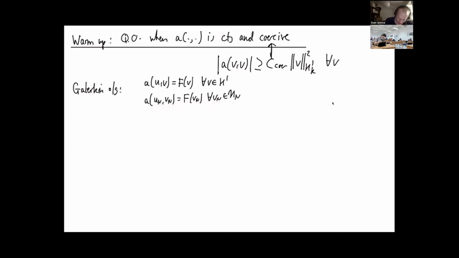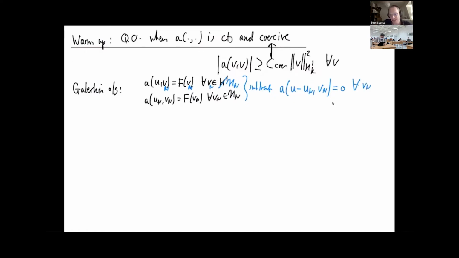So now, in the first equation, I can certainly let V be Vh, right? Because my space Hh is contained in H1. And now I subtract these two equations, and I get a(U minus Uh, Vh), so first argument U minus Uh, second argument Vh, is 0 for all Vh.